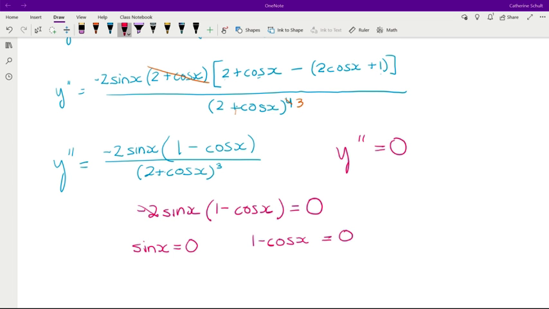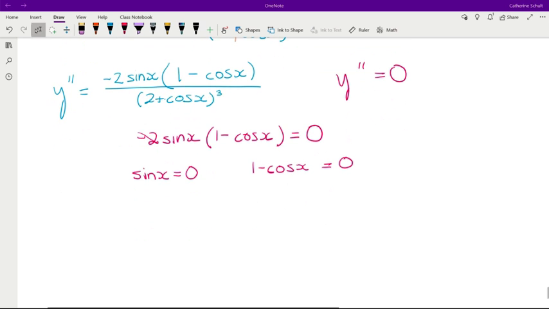Remember, we're just focusing on the first period, 0 to 2 pi, and then we'll copy and paste. Sine of x is 0 on 0 and 2 pi, right? Wait, let me take that back. There's one more I'm missing. 0, pi and 2 pi, right?